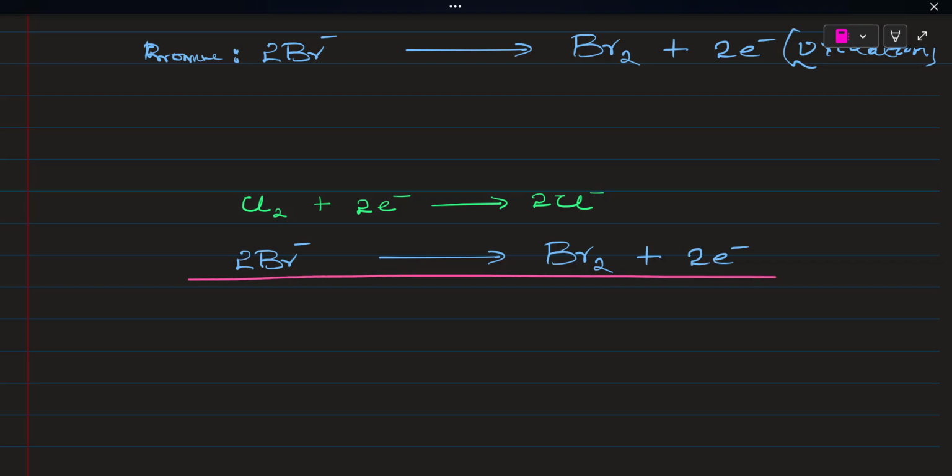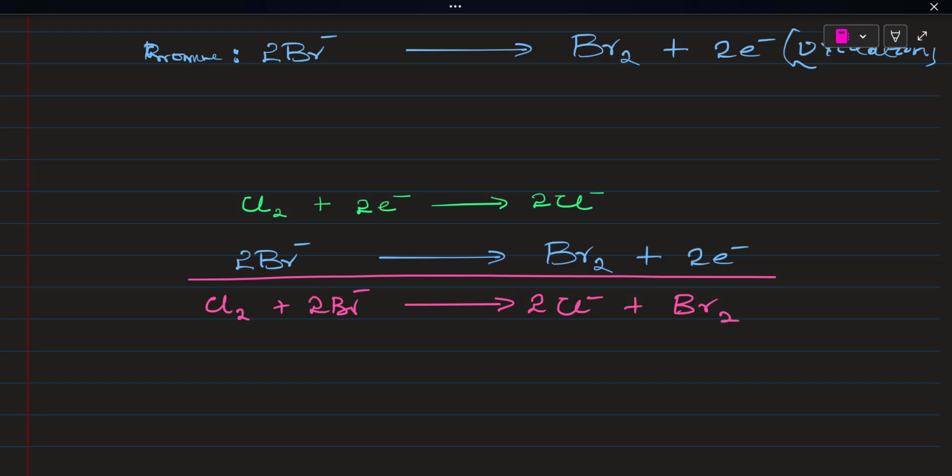The way we did last time, we write the Cl2 part of the equation at this side. This side we have 2Br minus, it's going to be plus 2Br minus. We go to the other side of the equation, we have 2Cl minus and then plus Br2.